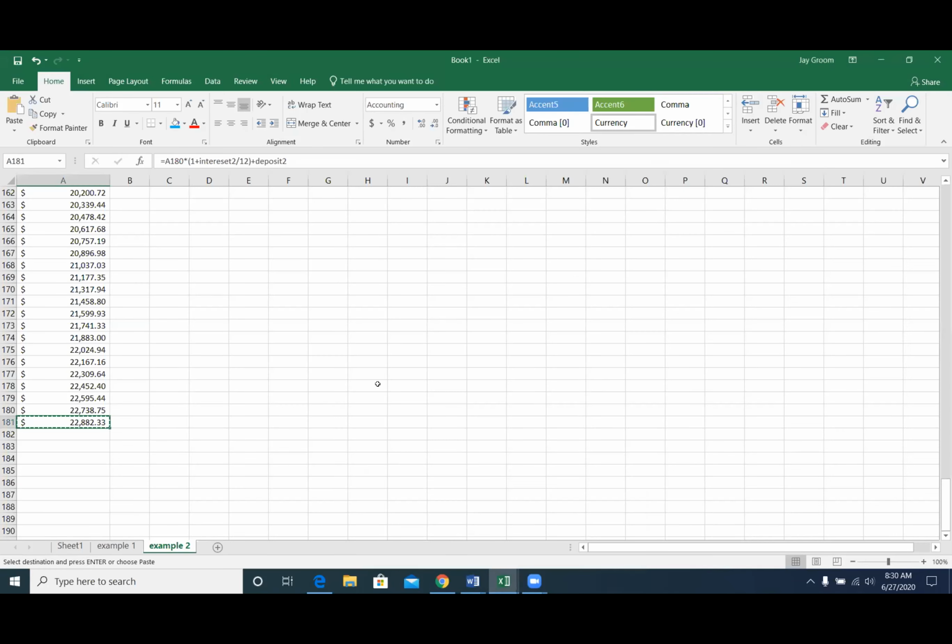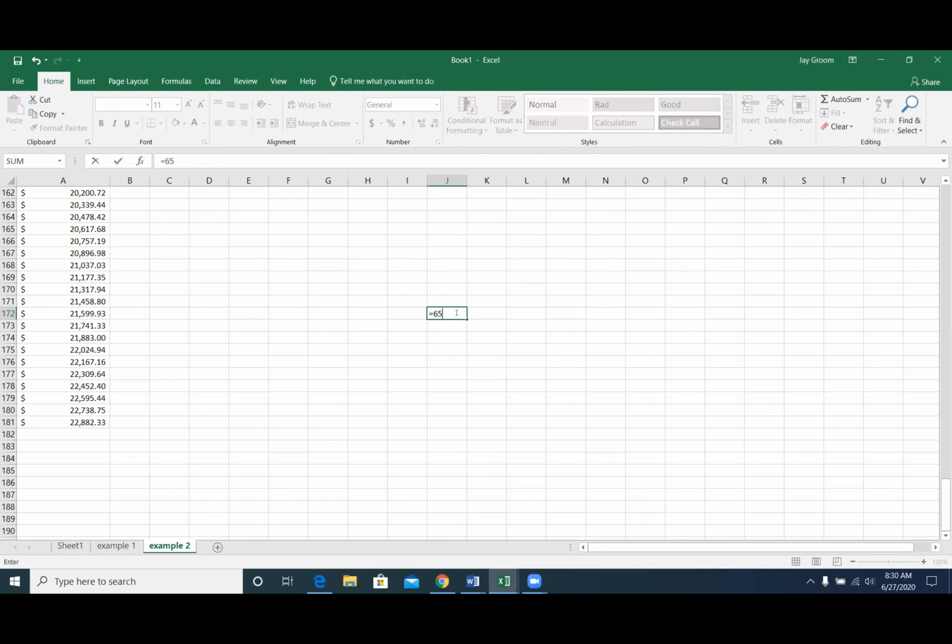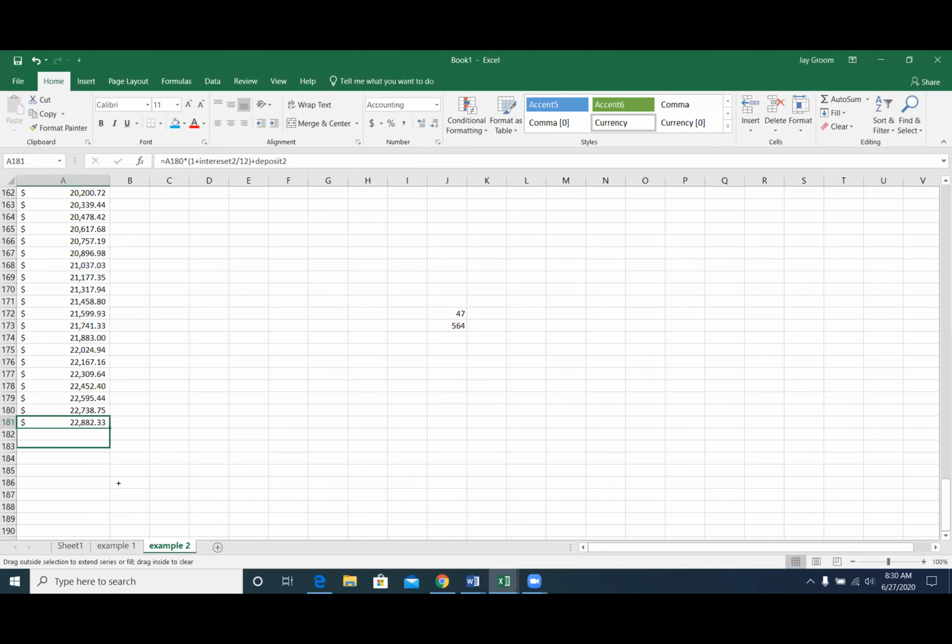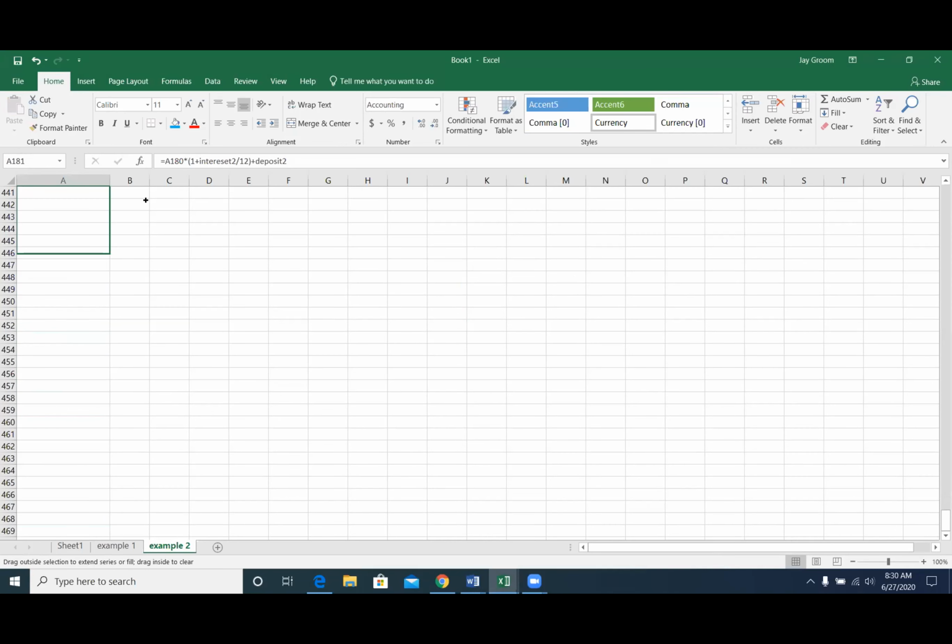Had I started this at age 18, well, 65 minus 18, you'd have 47 years. 47 times 12 is 564 months, which doesn't really seem like that long if you think about it. 564, what did I say?